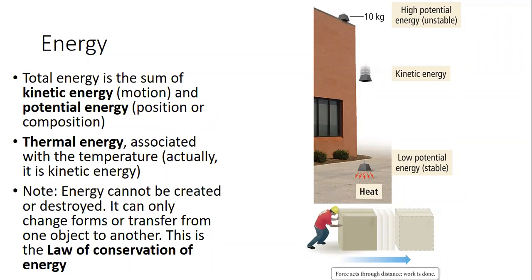Kinetic energy is the energy of motion, and potential energy is the energy of position. Or for us in chemistry, when we think of potential energy, we think of energy in bonds. Depending on how bonds are connected and what elements are connected, molecules have different amounts of potential energy.